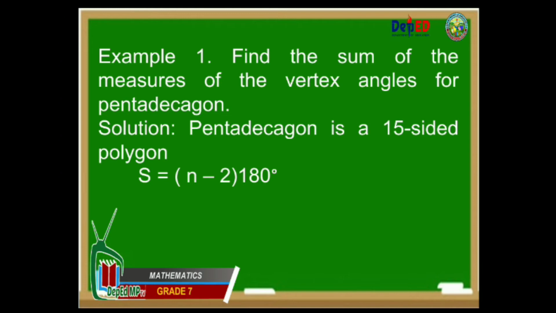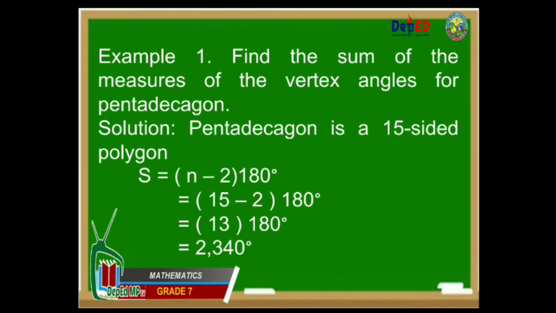So we use the formula S equals the quantity of n minus 2 multiplied by 180 degrees, equals the quantity of 15 minus 2 times 180 degrees, equals 13 times 180 degrees, equals 2,340 degrees. Therefore, the sum of the angle measure of the vertex for pentadecagon is 2,340 degrees.